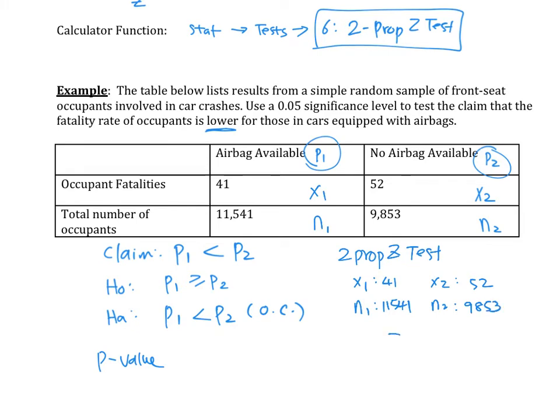And you look at this symbol, inequality, this inequality, this inequality. I'm going to choose less than. Again, it comes from HA. Then I'm going to just go calculate. And the p-value you're going to get, they give you a bunch of information. The second one is p-value 0.027, so 0.028 if I round off.